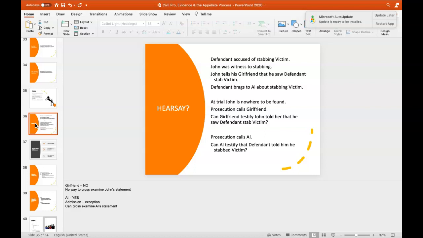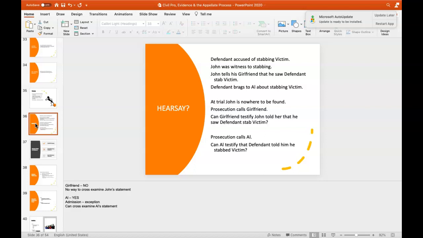The prosecution calls girlfriend. Can girlfriend testify that John told her that he saw defendant stab victim? Now remember, we want our best evidence, so we would rather have John be the one to testify, but because John is nowhere to be found, can the girlfriend stand in his place?